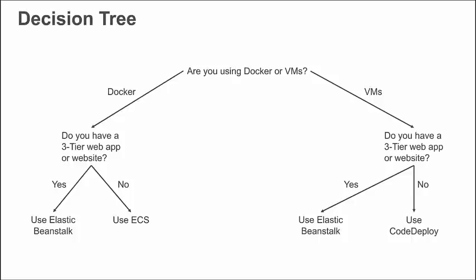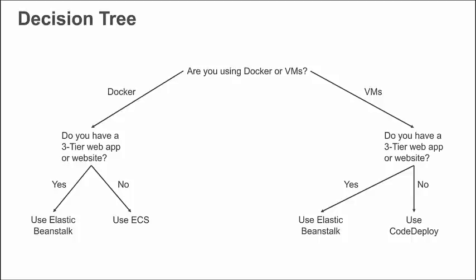Let's look at a decision tree here to help you focus on what service to start with. First, if your development workflow is based on Docker containers, you'll want to narrow your focus to AWS Elastic Beanstalk and Amazon ECS. If you have a standard 3-tier web application and want end-to-end management and monitoring, AWS Elastic Beanstalk is the simplest and easiest way to get started deploying.